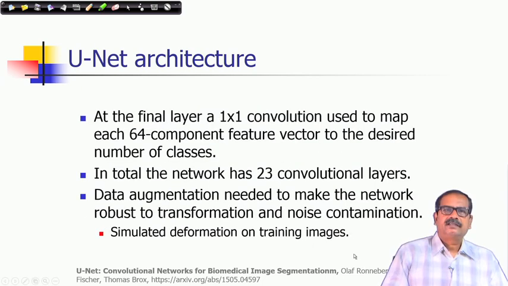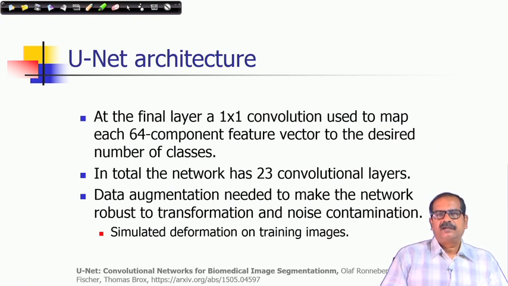At the final layer, when you have generated all these pixels at the output, for each pixel you classify it into a number of classes. Every pixel at the final layer is represented by a 64-dimensional feature vector, and those 64-dimensional feature vectors become the input to the classifier.